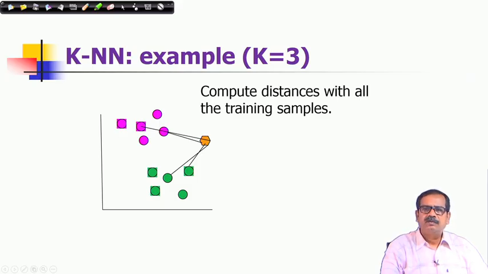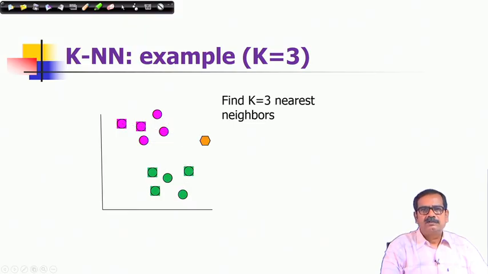Nearest means the k closest neighbors. So, you compute distances to all the training samples, then sort them and find the three closest neighbors. You will find that these are the three nearest neighbors.